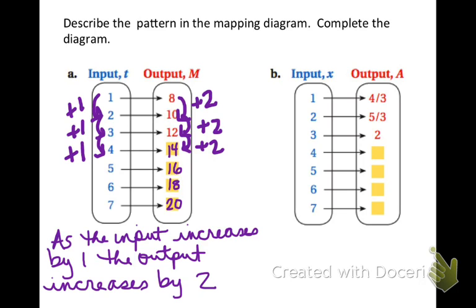Looking at B, the input, again, is increasing by 1 and continues that pattern. When I look at 4/3 to 5/3, I know that if I add 1/3, I would get the answer. 5/3 plus 1/3 is 6/3. 6/3 simplifies to 2.